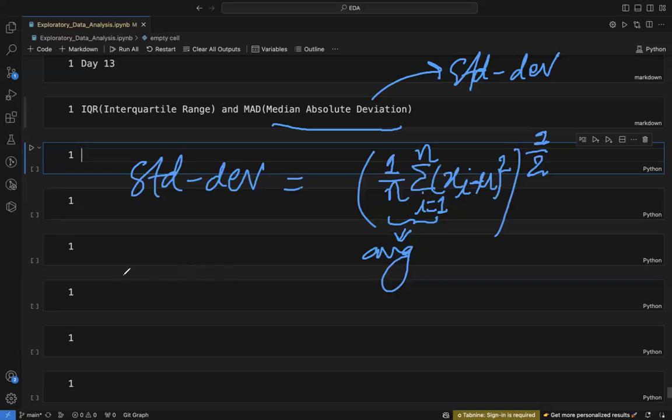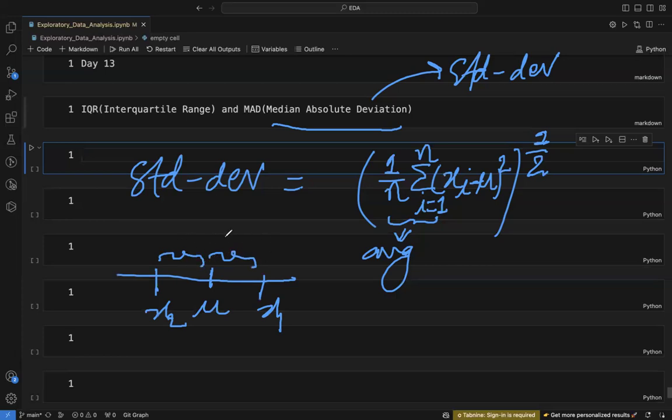Let's say this is my mu, this is my x1 and this is my x2. This mu is my mean. So xi minus mu is this distance, and x2 minus mu is this distance.